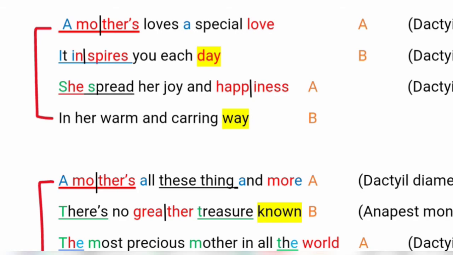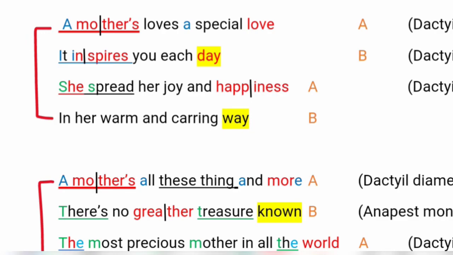The first meter is dactylic dimeter. Why dactylic dimeter? Because in one line or one sentence, it has two stresses, in the first word and the last word.